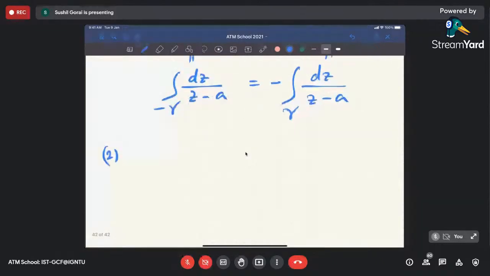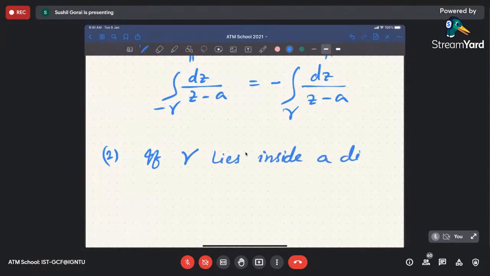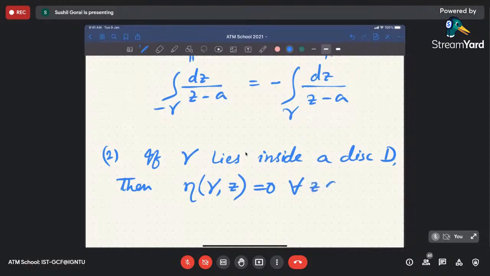Two. If gamma lies inside a disk D, then the winding number of gamma at z equals 0 for all z in C minus D. All right.